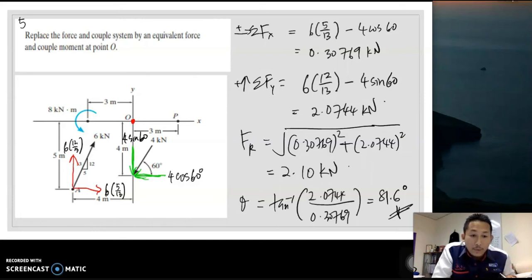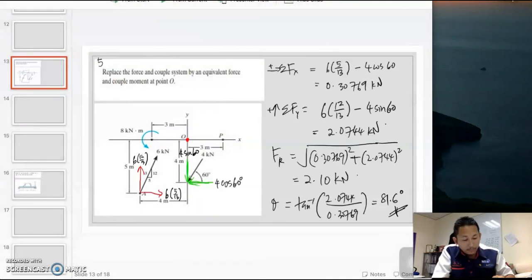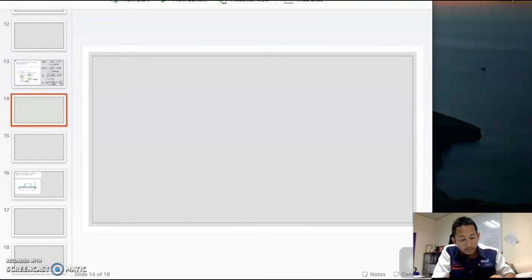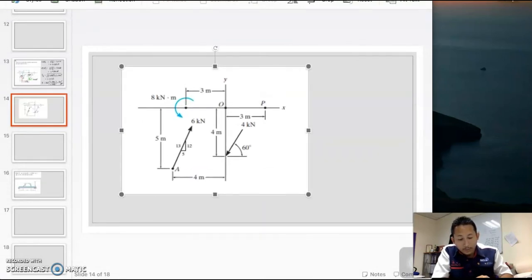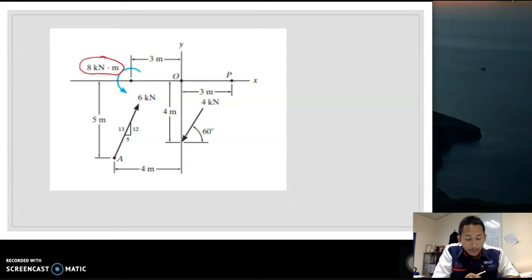Now, for the moment at O, we have 8 kilonewton meter. Okay, that one is the first one.